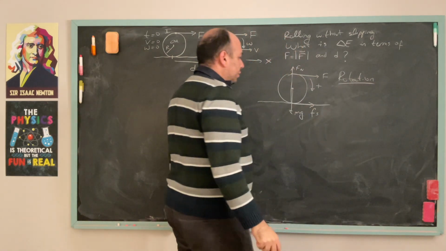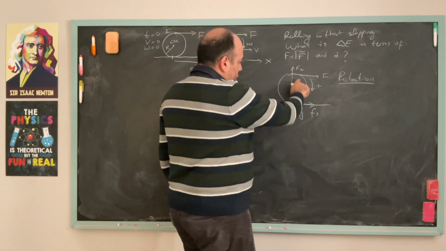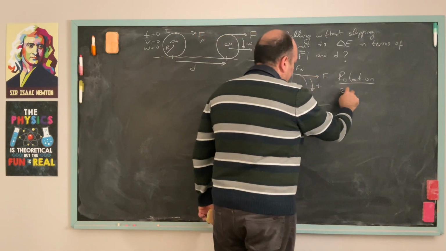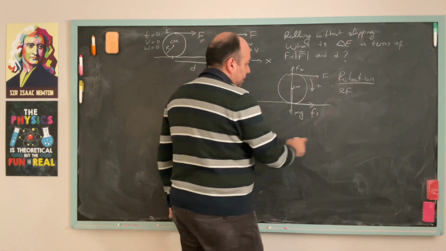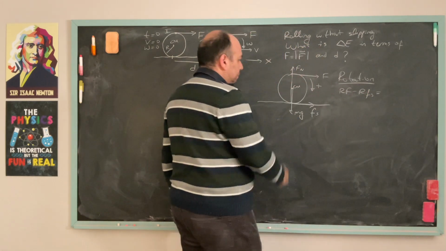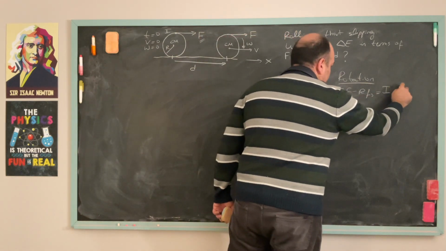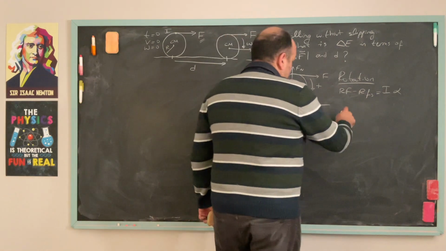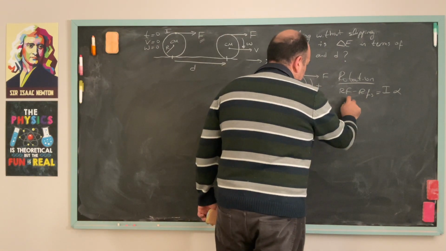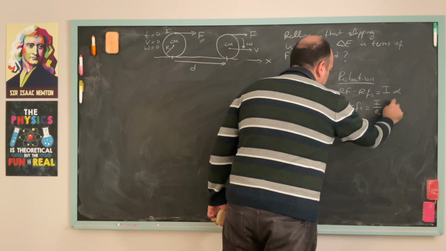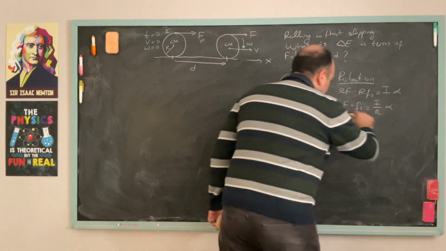I'm going to be looking at the rotation first. The torque due to F about the center of mass is simply equal to R times F, and there is Fs here, minus R Fs. This should be equal to I times alpha. I can simplify it a little bit. So F minus Fs must be equal to I over R times alpha. Good.